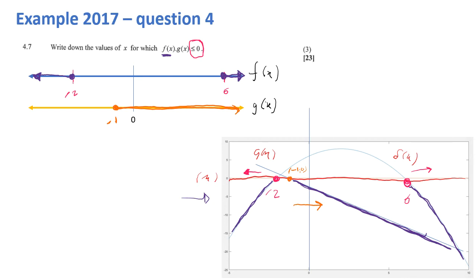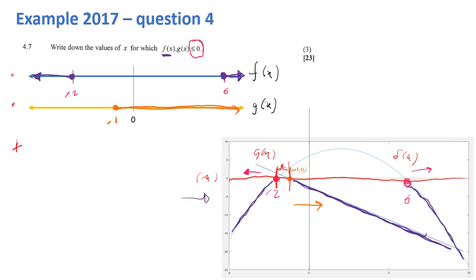Now, two important things that I still need to mention. There's a section over here where these graphs don't overlap. We've looked at both of them separately, and now we have to look at the product of them.